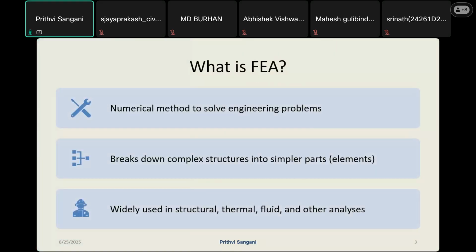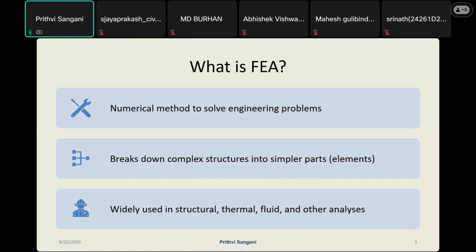So firstly, what is finite element analysis? At the end it's again an engineering method to solve some engineering problems. So what methods do we have to solve engineering problems?